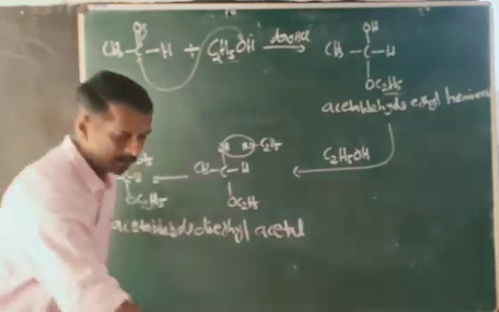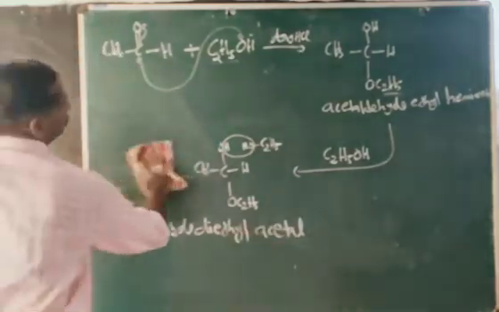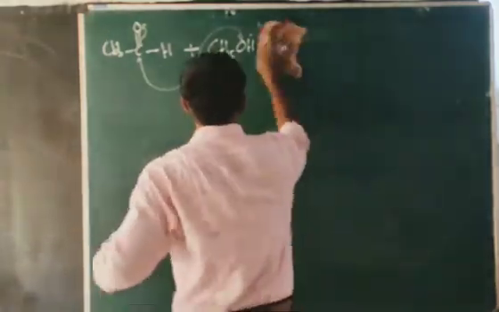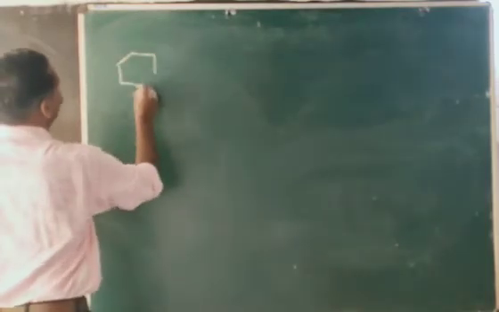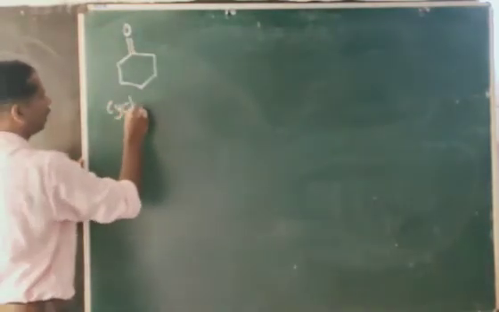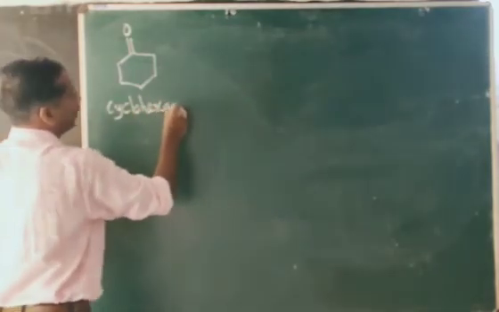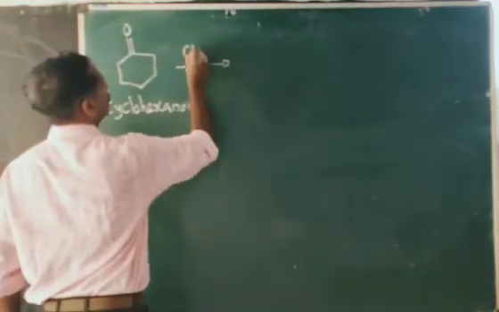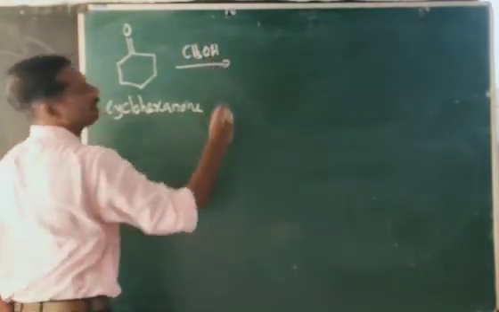Clear? Another example, if I take a ketone. Suppose I am taking a ketone with a double bond. What is the name of this ketone? Cyclohexanone. Suppose cyclohexanone is reacting with methanol, CH3OH.